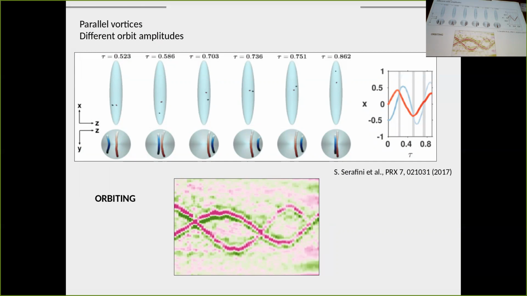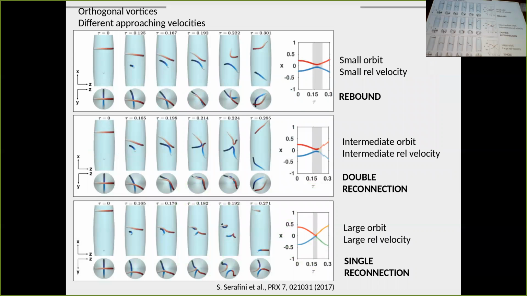On the other hand, if we start with vortices with orthogonal direction, the outcome of the interaction depends pretty much on the relative velocity of the vortices when they approach. The relative velocity is directly related to the orbit parameter.